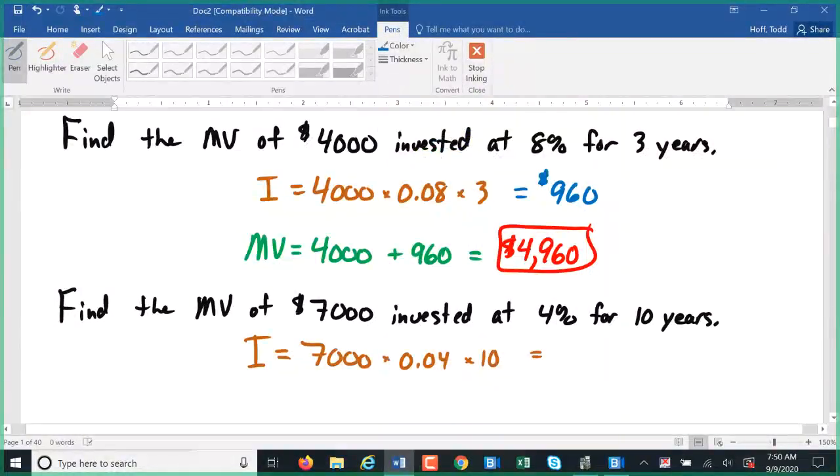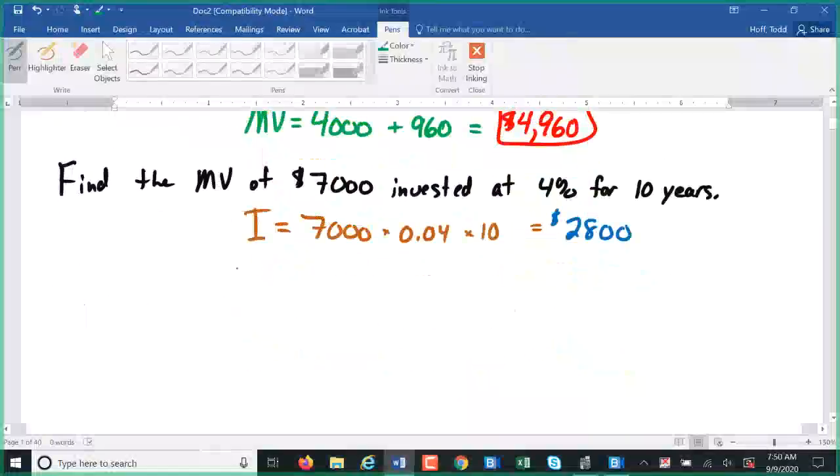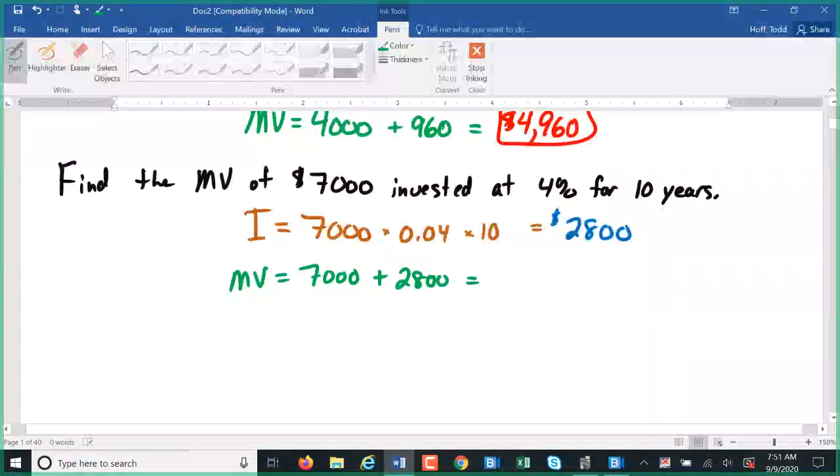Well, 7,000 times 0.04 times 10 is 2,800. Our maturity value is the original 7,000 plus the interest earned of $2,800. That gives us a maturity value of $9,800.